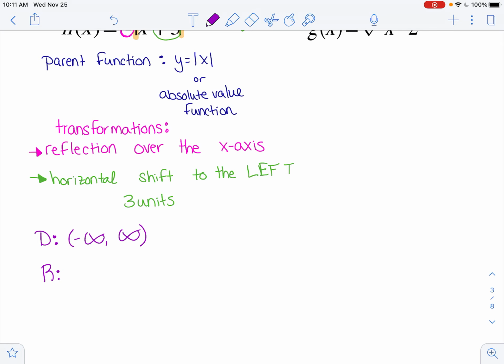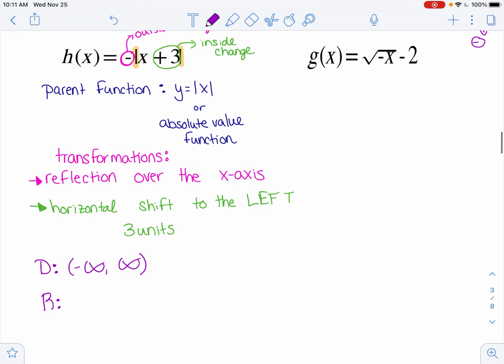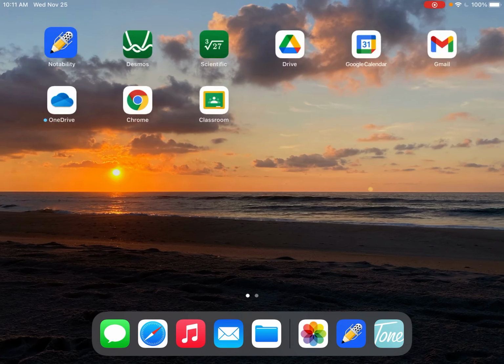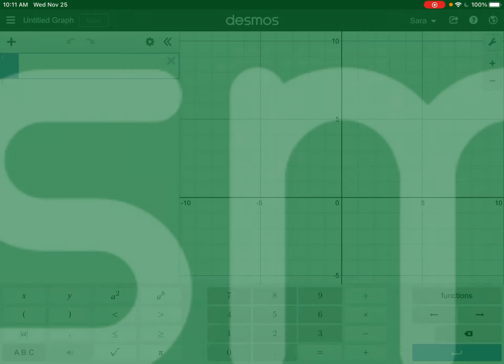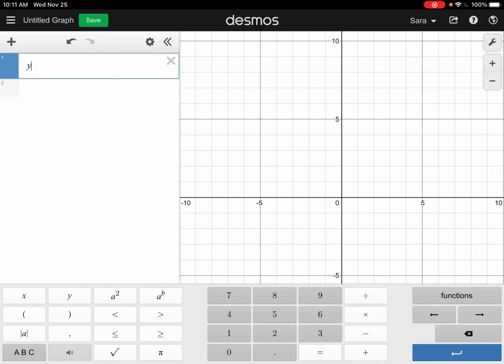For the range, my advice would be to look at the graph. So if I go on to Desmos here, I type this function in, which is y equals negative absolute value of x plus 3, and this is what my graph looks like.